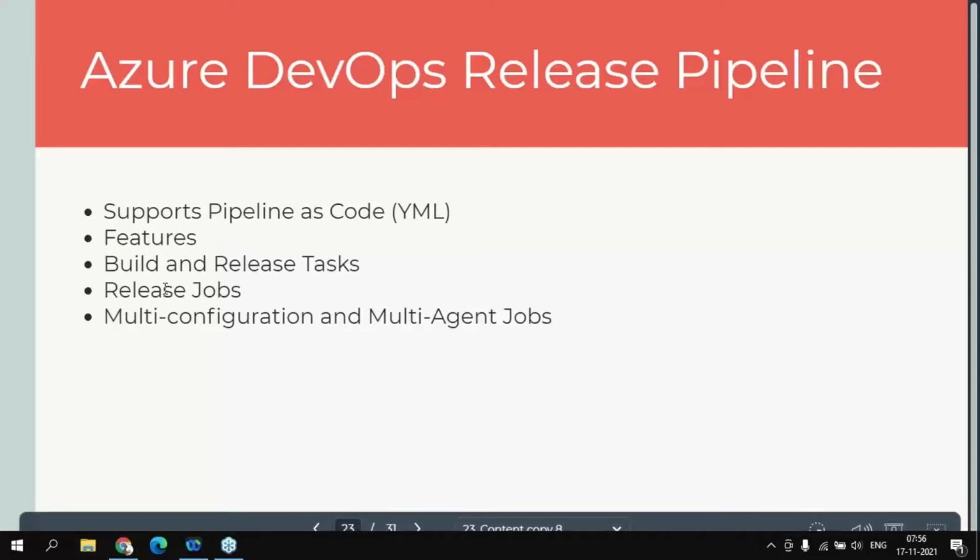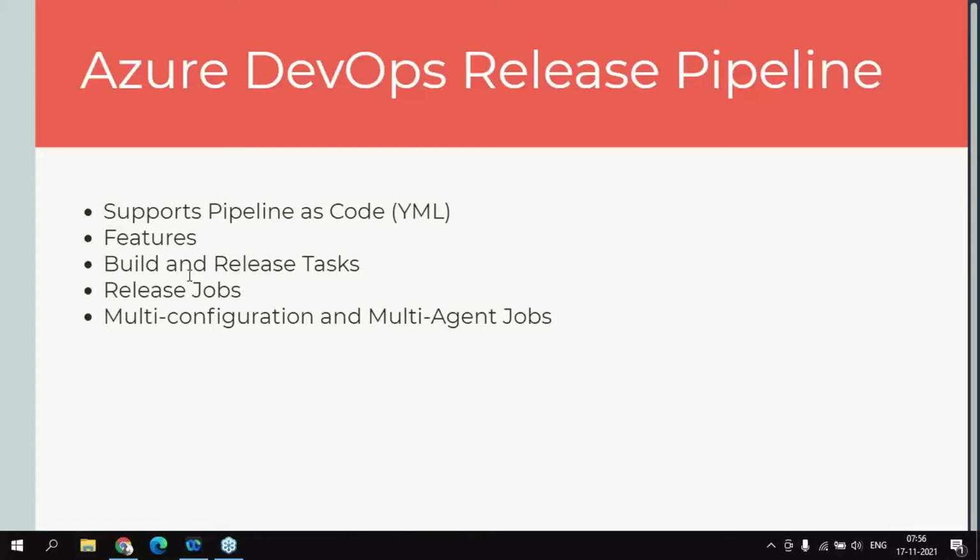And then the release jobs, the grouping of the tasks, we call it a job. For example, we can say building a web application is one job. For this job we need one agent machine to run all the tasks associated with the particular job.